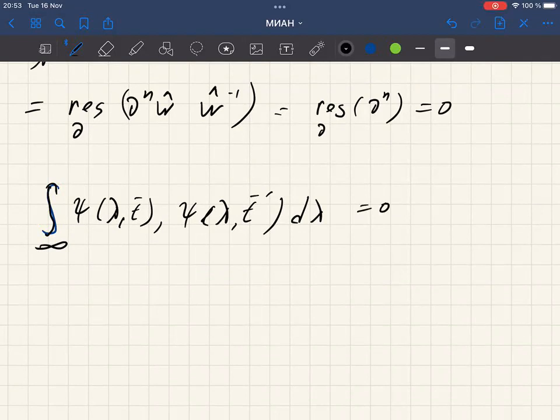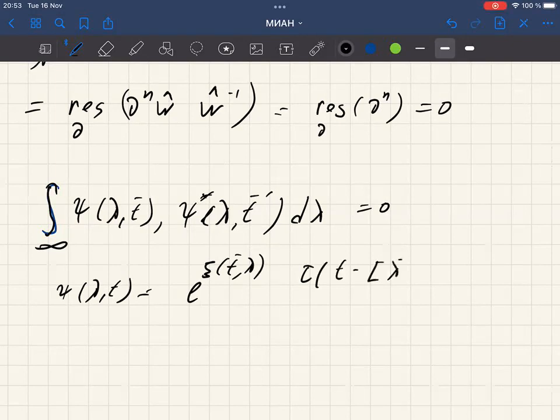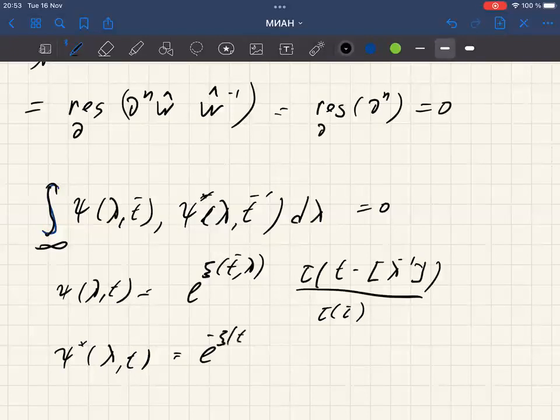Now it could be proven that psi lambda t is equal to some function of t minus lambda, and psi star lambda t equals some function of t lambda.